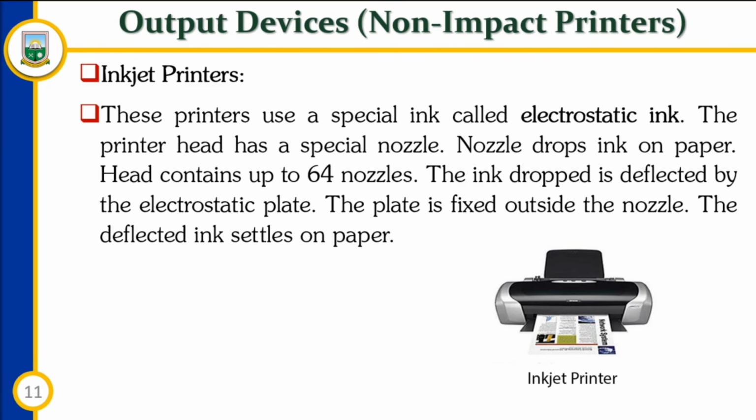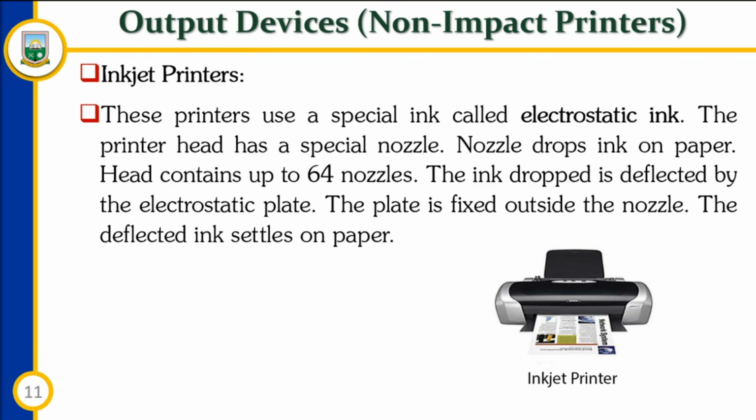So irrespective of the font family that needs to be printed, this type of printer is very suitable for printing any shape of characters that is needed. So it's good at printing special characters. It is also good in the printing of graphs and also charts.